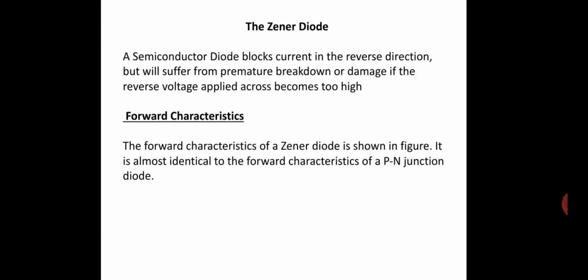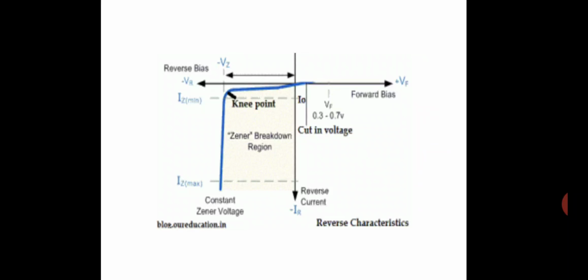Zener diode operation. The Zener diode symbol is represented here. It looks like a simple diode, and its forward bias characteristics are like a PN junction diode, but the reverse condition is different from a PN junction diode.